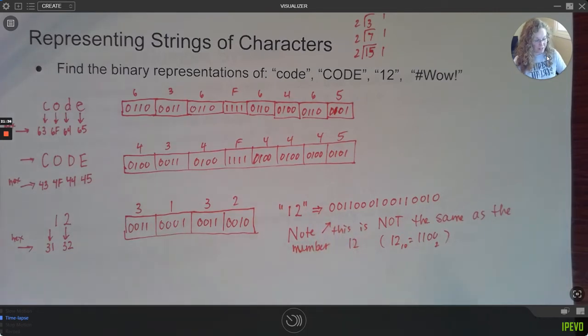So a string of characters containing the character 1 followed by the character 2 is not the same as the number 12, which means a dozen things. Those are very different things, and the computer will treat them as very different things. Okay, if you added the character 1 and the character 2, you would not get the character 3. You would not get the number 3. These are characters, and they're very different than numbers.